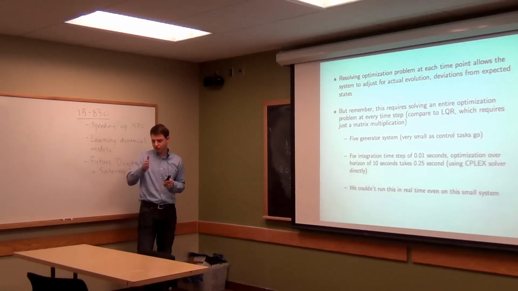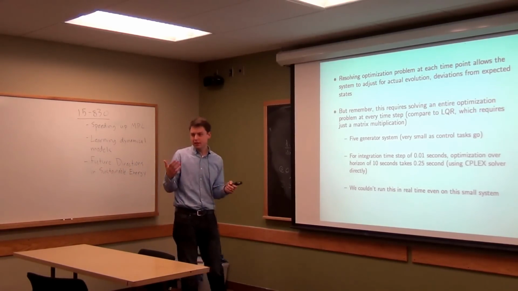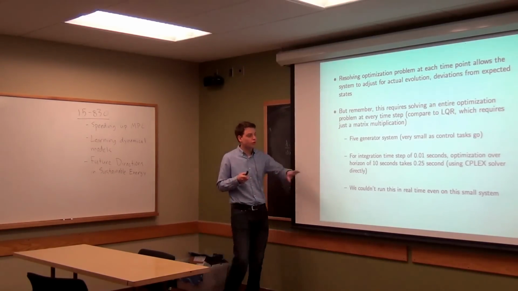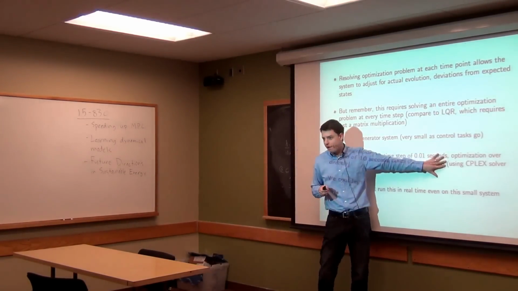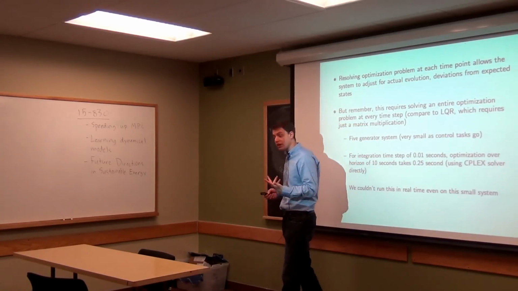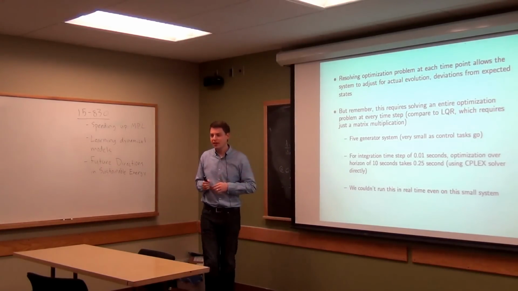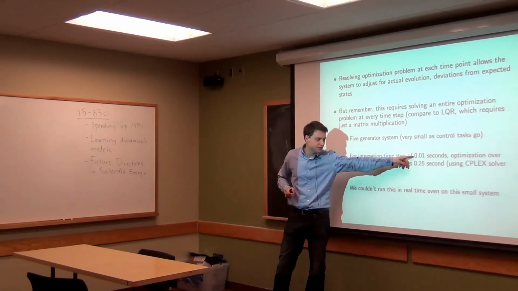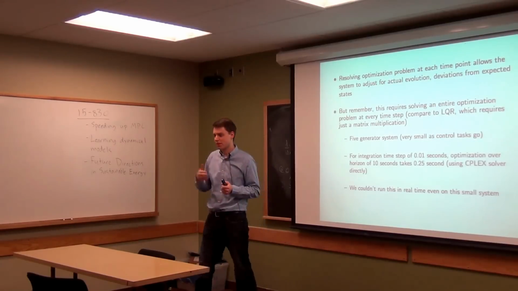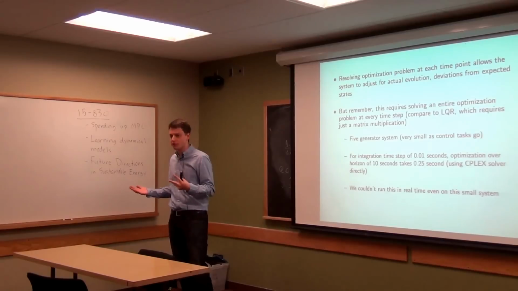Then you also have controls. That's 5,000 more variables. This is on the order of 15,000 variables we're solving, and we're doing it in 1/4 of a second, which is pretty nice, but still not quite at the speed that we would want to be able to do it in real time, because the system evolves at, in this case, in the discrete time case, about every 0.01 seconds. So the question is, what do we do?